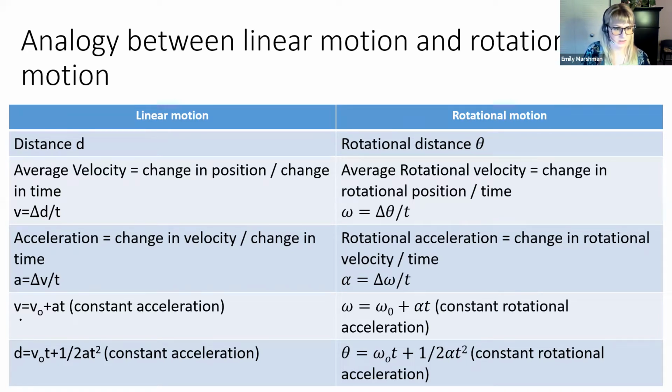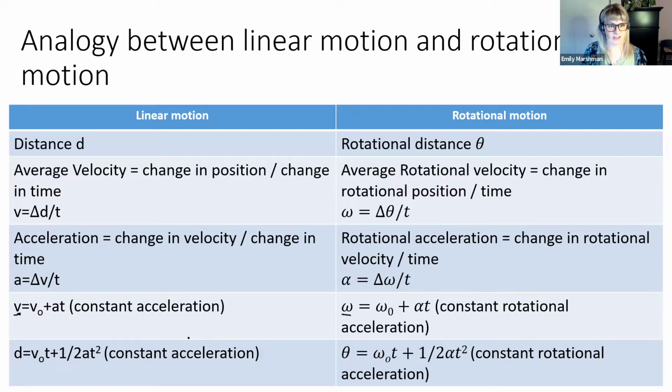Do you see v, velocity? Its rotational counterpart is rotational velocity, omega. Initial velocity is the initial rotational velocity. Acceleration, angular acceleration, and t for time. So there's a direct translation.